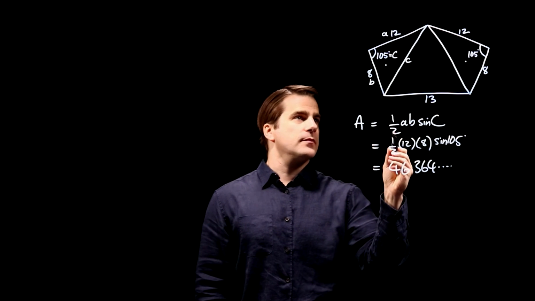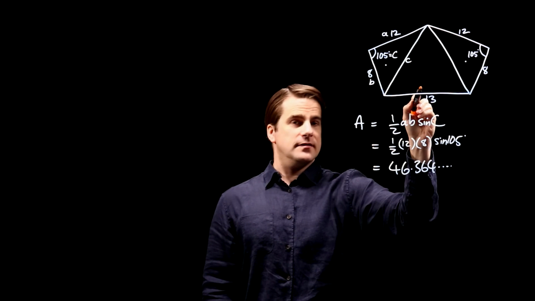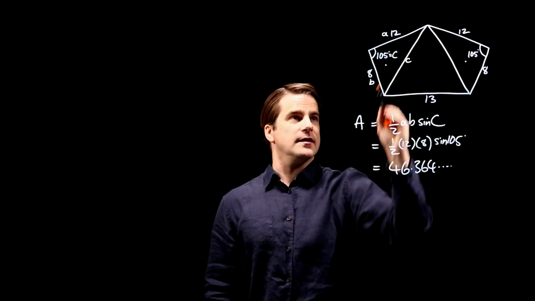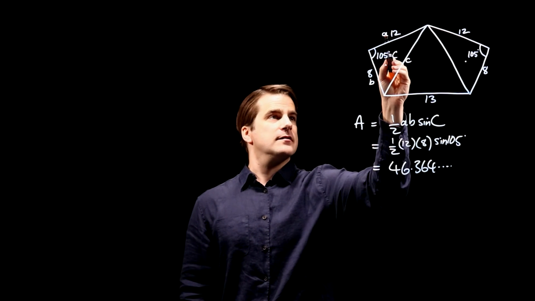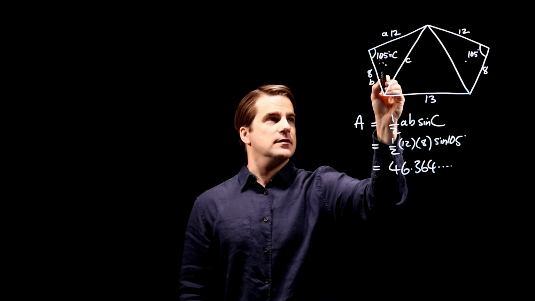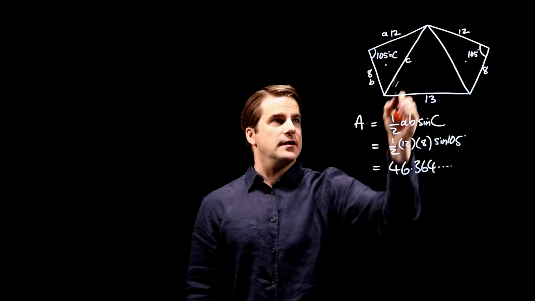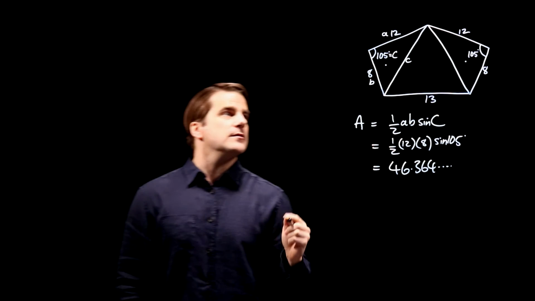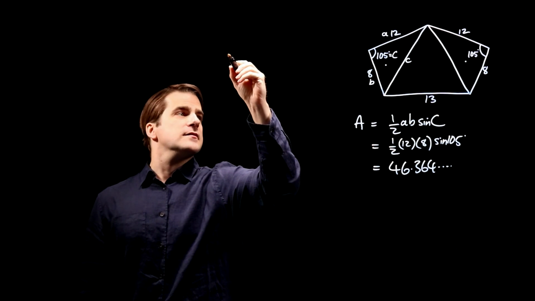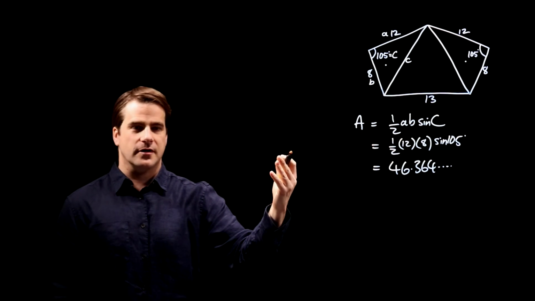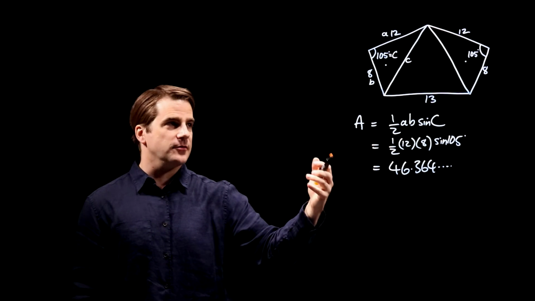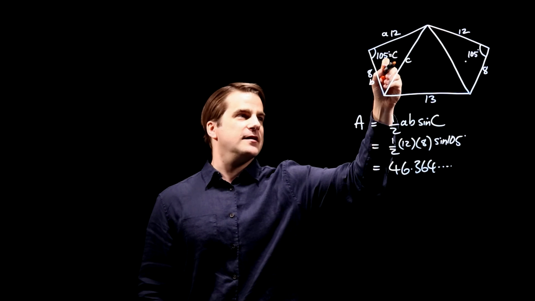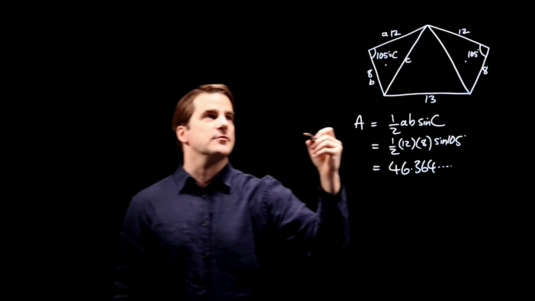Now, we don't know the height, we know the base, and we don't know this, c. But look at this. Again, two sides and the angle. We can easily work out c using the cosine rule. So let's do that. The cosine rule is given to you in terms of a squared equals b squared plus c squared minus 2bc cos A, but I'm going to rewrite it with c squared as the subject.